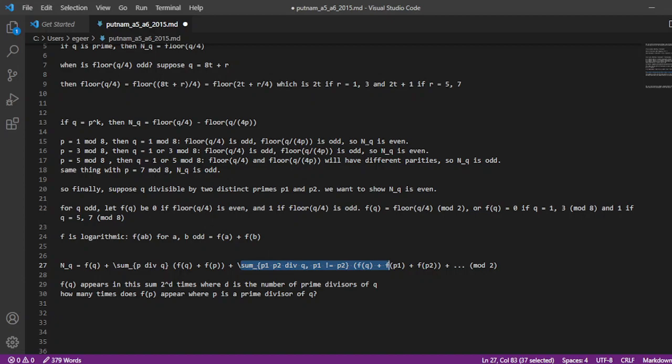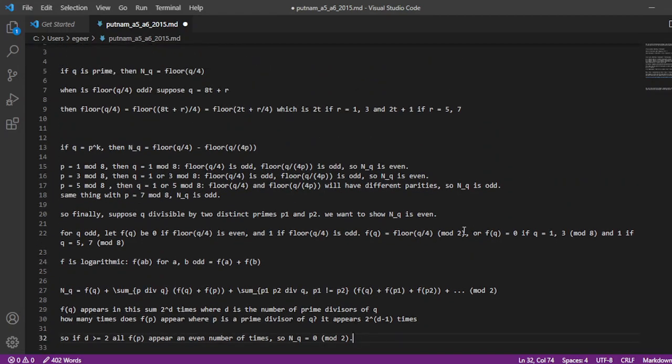Every subset of the prime divisors that contains P is going to contribute once, because we're taking the sum once for every subset. So it appears 2 to the d minus 1 times. Okay, so if d is greater than or equal to 2, all F(P) appear an even number of times. So N(Q) is even.